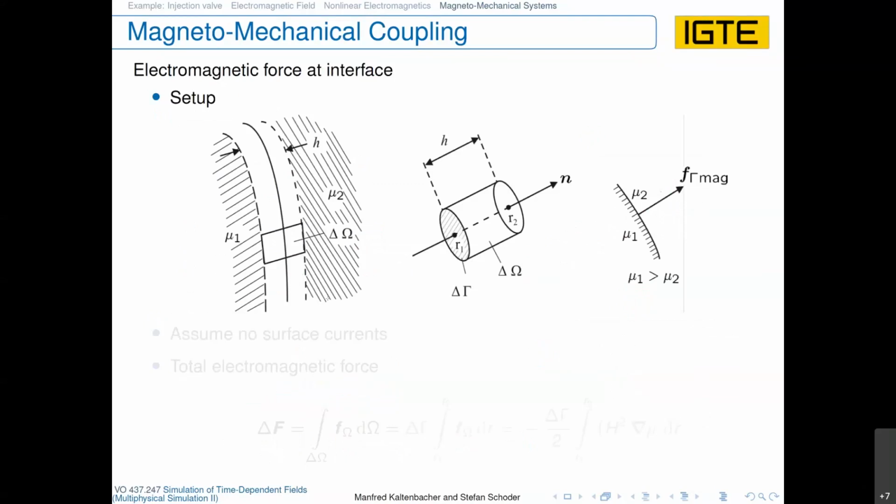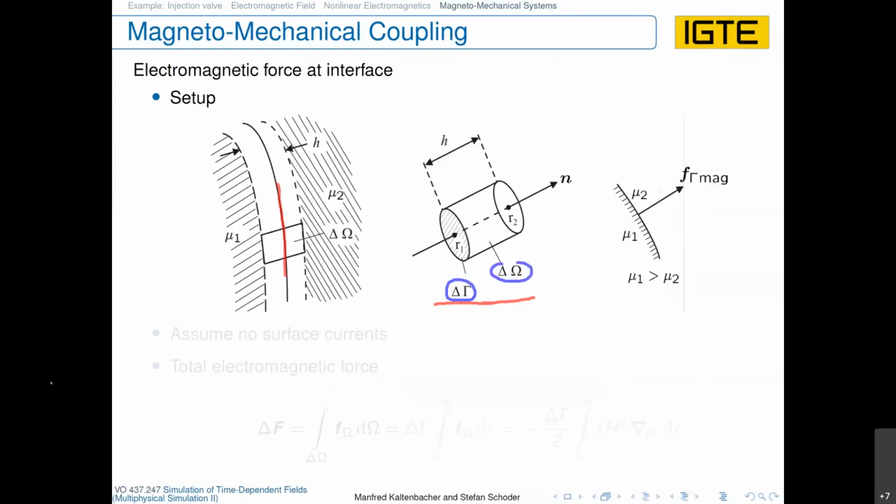So we assume now that we have exactly such an interface, and we cut out of this interface, as shown here, such a cylinder, which is going from radius r1 to r2 with a height of h, and clearly at the end we want to have h go to 0 in order to come up to our interface, which is clearly this part here. So we have a small cylinder with a surface given by delta gamma and a volume given by delta omega.